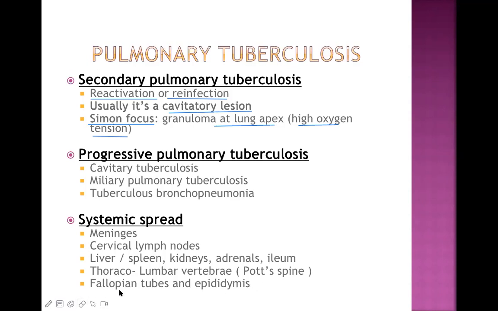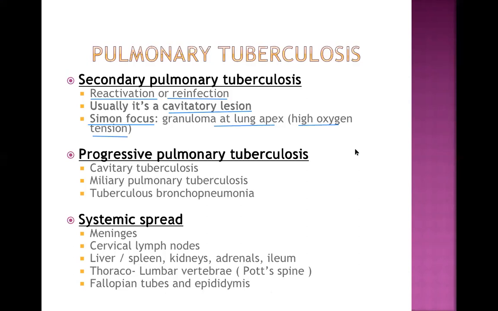Fallopian tube involvement is much more important than epididymis involvement, because if fallopian tubes are affected by tuberculosis, what will happen to that lady? Yes? Pregnancy does not occur. No pregnancy. Infertility. Okay, pregnancy doesn't occur, which is known as infertility.